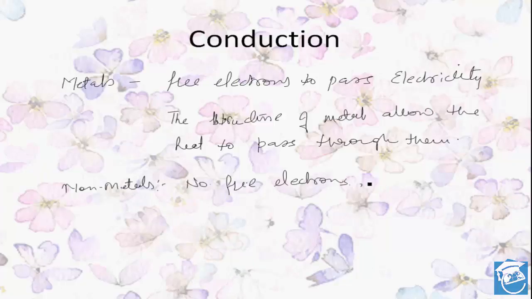Well, they have free electrons, but they are much fewer and are very tightly packed to each other. They are not allowed to move freely, so they cannot conduct electricity.